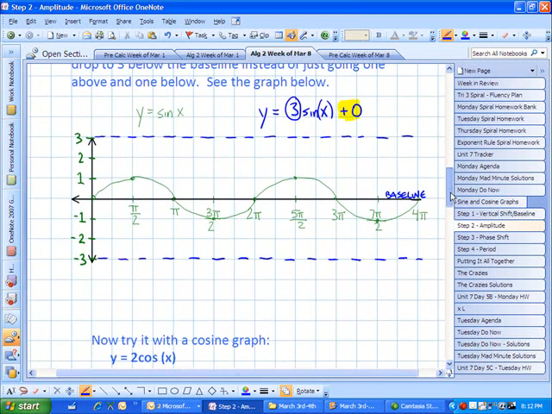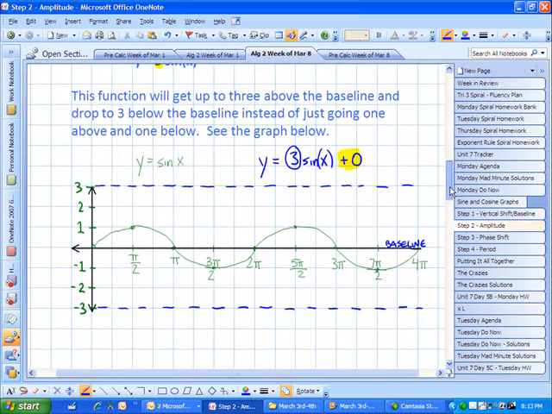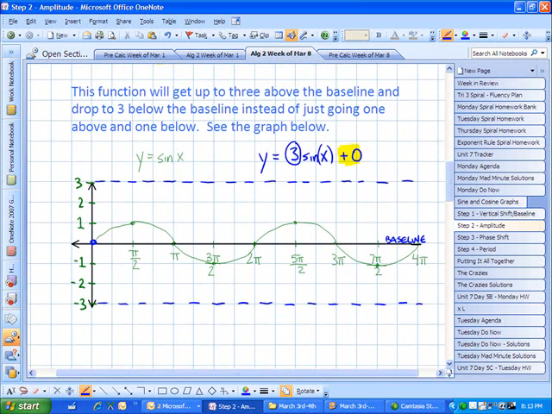If this is a sine graph, you know where the sine graph starts. It starts on the baseline. And since our baseline is the x-axis, it starts right there. When it gets to pi over 2, it goes up to the top. Now before, our top had always been up to 1, but that's because our amplitudes had been 1. Now our amplitude is 3.